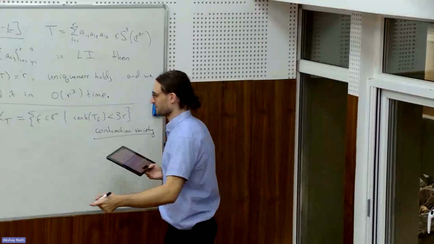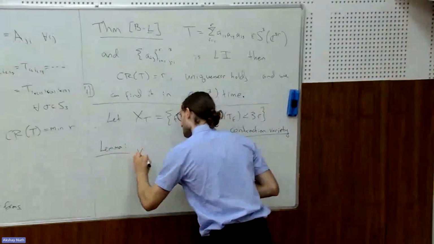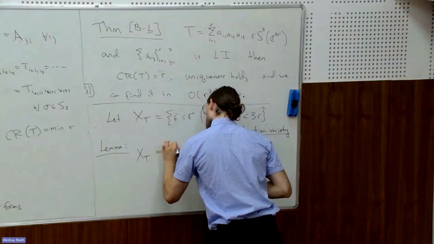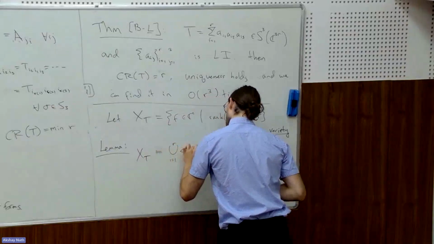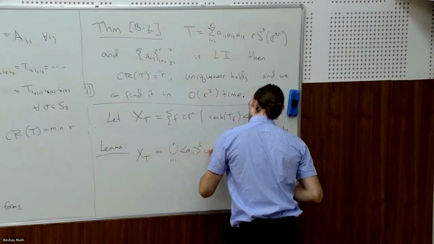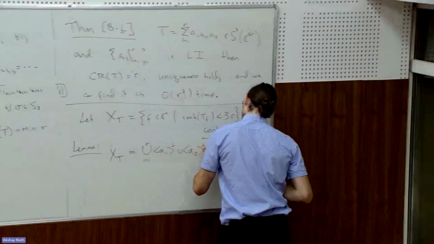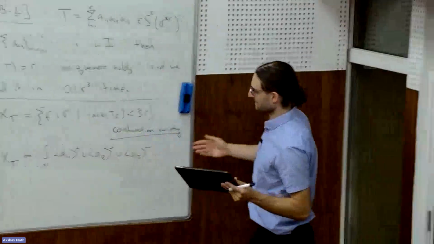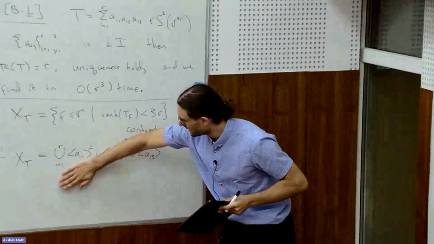And the same thing is true here. Well, not exactly the same. X_T is the union for i equals 1 to R of A_i1 perp union A_i2 perp union A_i3 perp. For the generic case, it was just the union of the A_i1 perps.